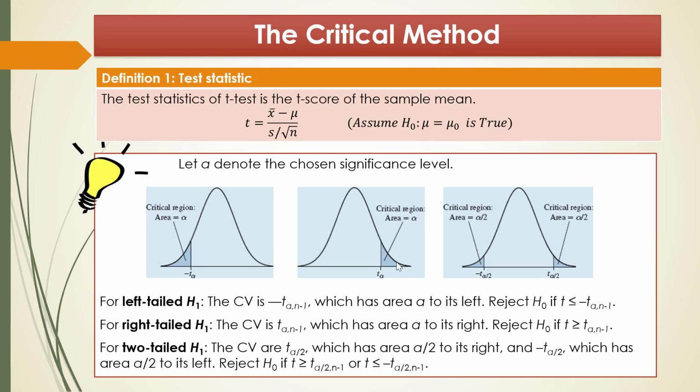And we reject the null hypothesis if the test statistic falls into the critical regions. Here we have two critical regions, so either t is less than the negative critical value, or t is greater than the positive critical value. So that is the idea of the critical value method.